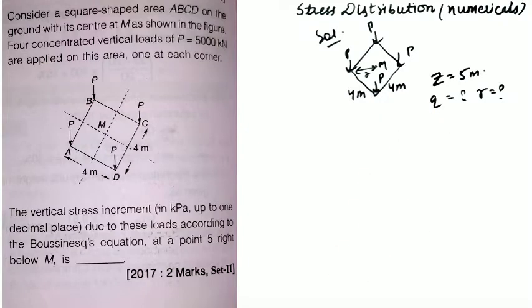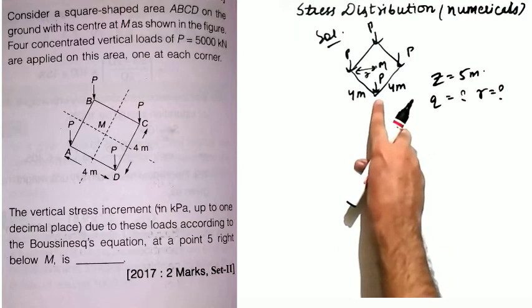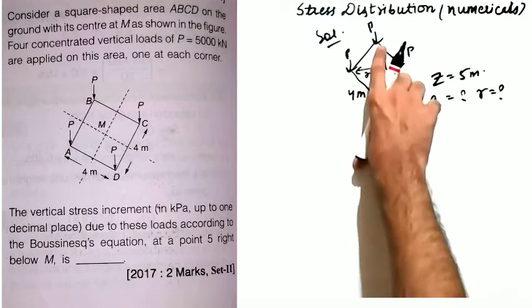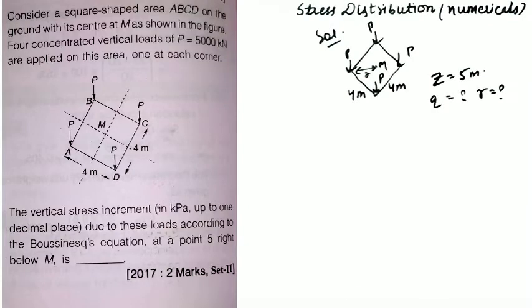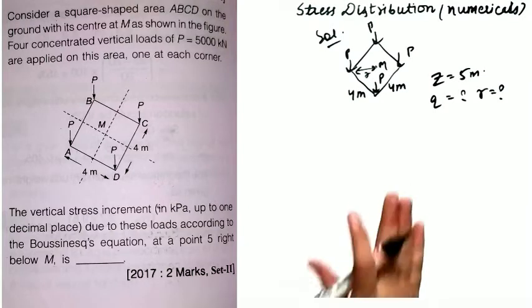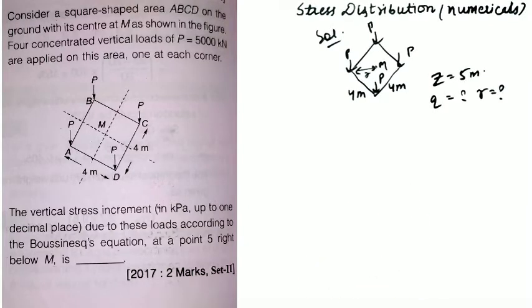So if we calculate the stress increment due to any one load, then to calculate it for 4 loads we just have to multiply it by 4. The stress increment due to this load and this load and this load and this load will be equal, since Z is equal as well as R is equal. So what do we require to calculate? We require to calculate stress increment due to one load and we have to multiply it by a factor of 4. So let us begin.